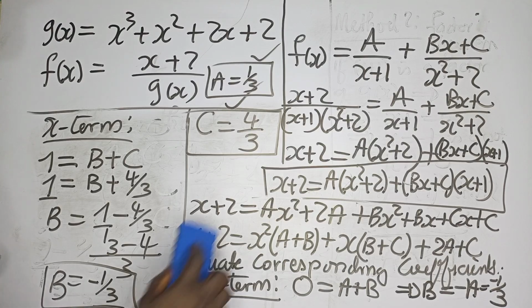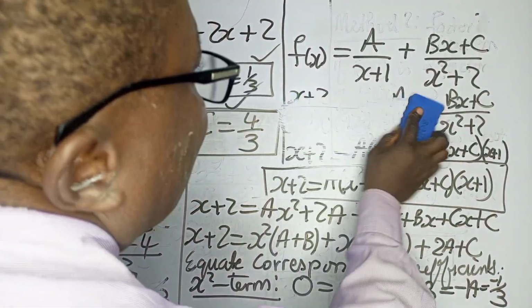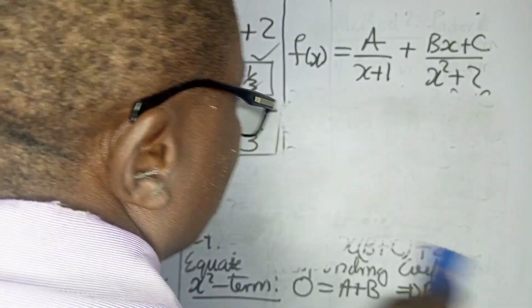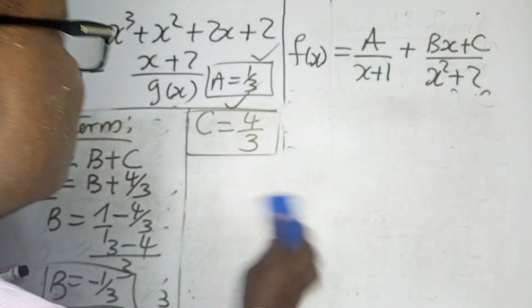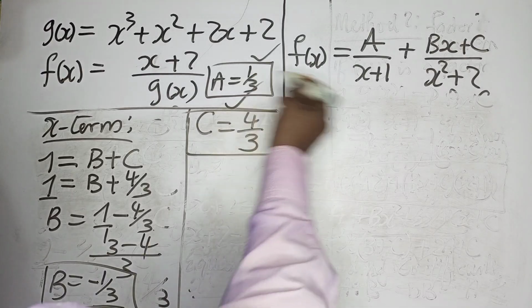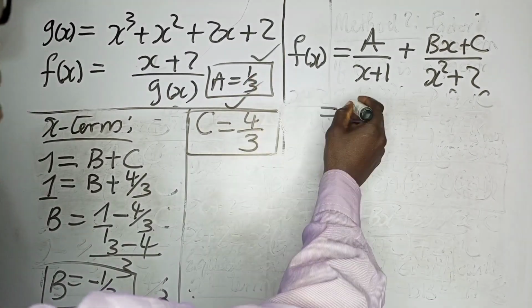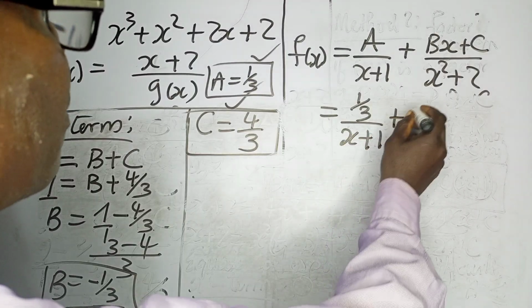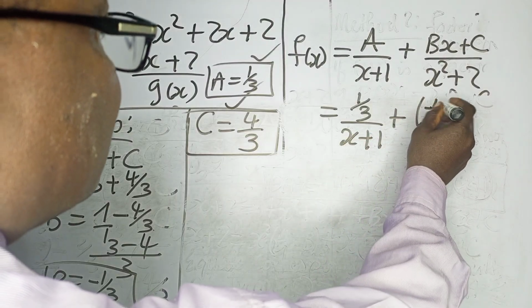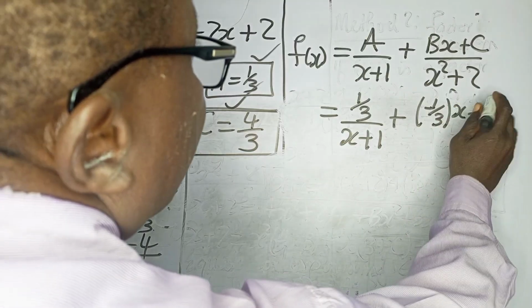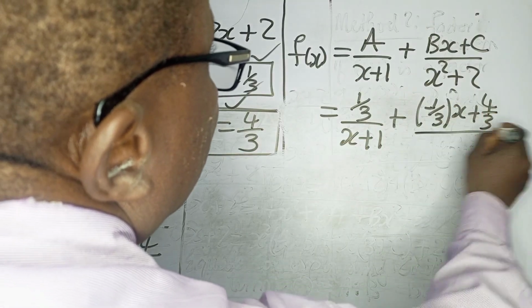Therefore, f of x as sum of partial fractions will be a is 1/3 all over x plus 1, b is negative 1/3 x, c is 4 all over 3.